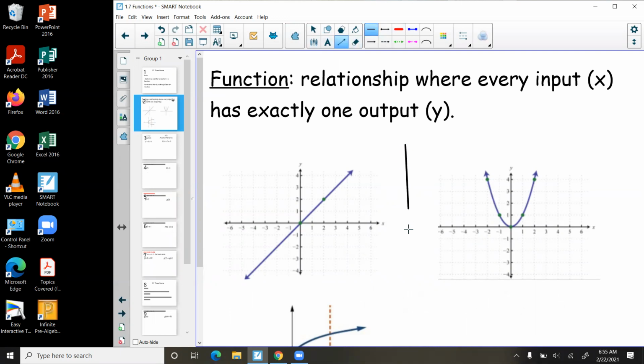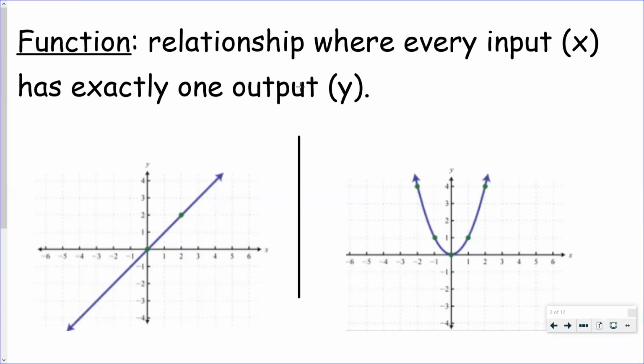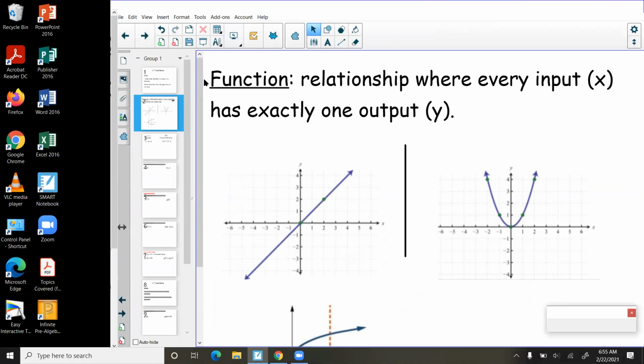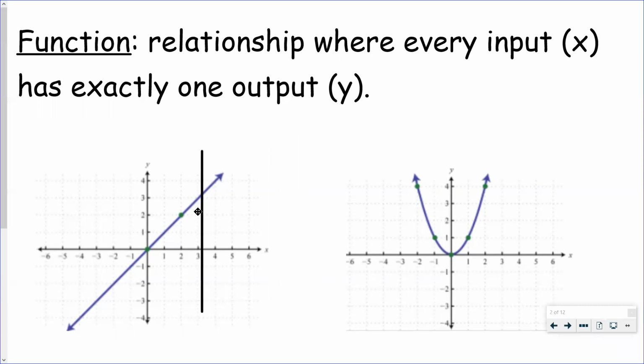If I create just a random vertical line straight up and down, and I move this vertical line wherever on this graph, this vertical line will only touch the blue line one time. If I look at this one, as I'm moving it through, it only touches that blue line one time. So by looking at a graph, we can determine if it's a function just by using the vertical line test. If it passes the vertical line test, it is a function.